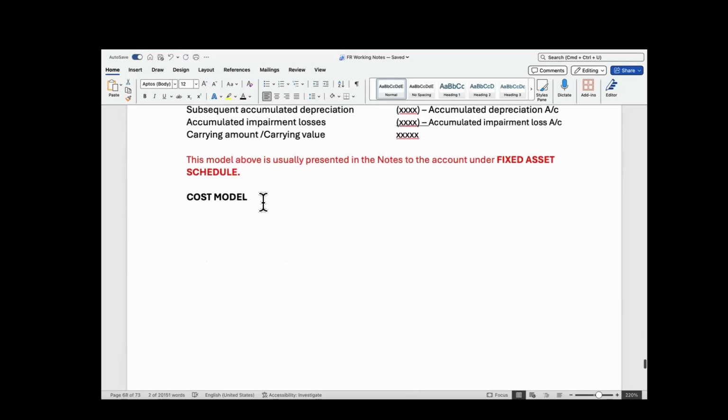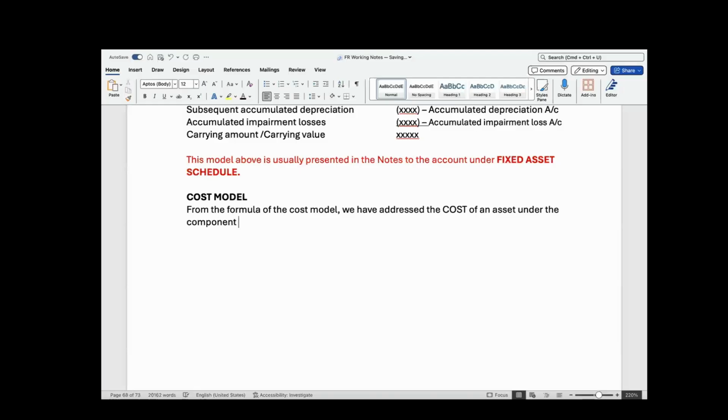So for the cost model, from the component above, from the formula of the cost model, we have addressed the cost of an asset under the component of costs.